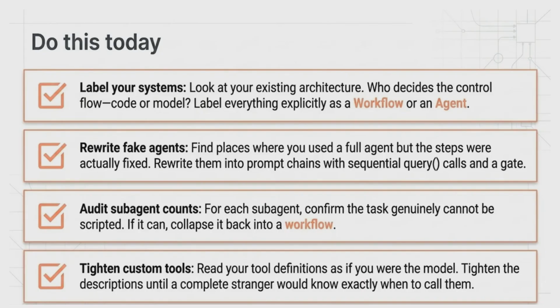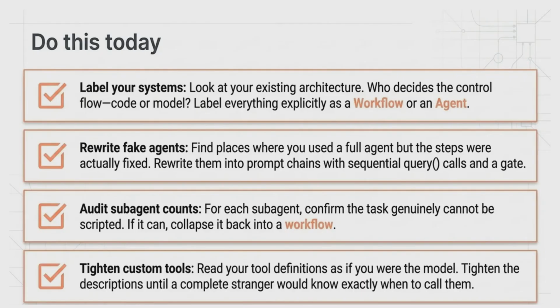Stop at the first pattern that fits and write down why the cheaper ones did not. Audit your subagent count. For each subagent, confirm the task genuinely cannot be scripted. If it can, collapse it back into a workflow. Open one custom tool's definition and read its description as if you were the model. Tighten it until a stranger would know exactly when to call it.